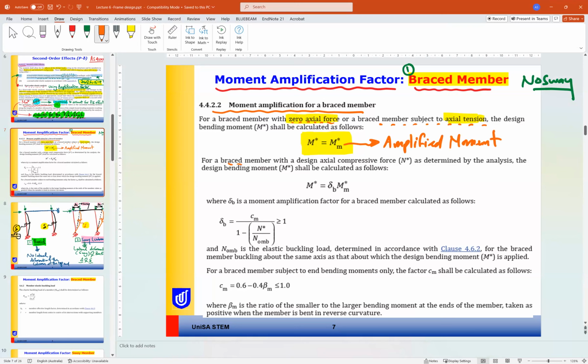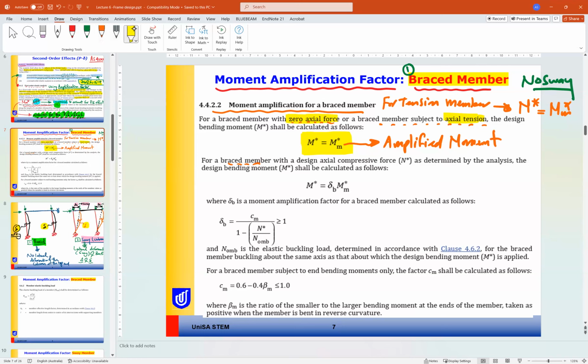For a braced member with design axial compressive force N asterisk as determined by the analysis, the design bending moment shall be calculated as follows. M asterisk M equal to delta B M m. So what does this mean? For a member under tension, M asterisk M will be equal to M asterisk M. This means no amplification, the amplified moment equals the original design moment.